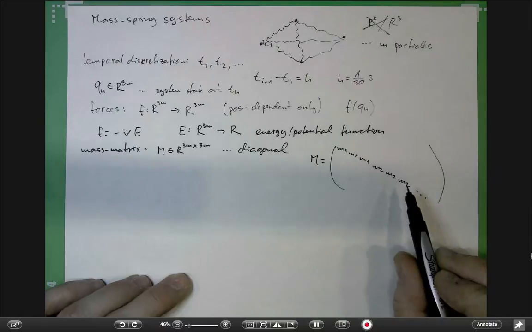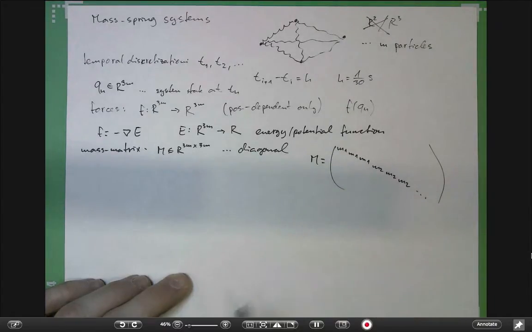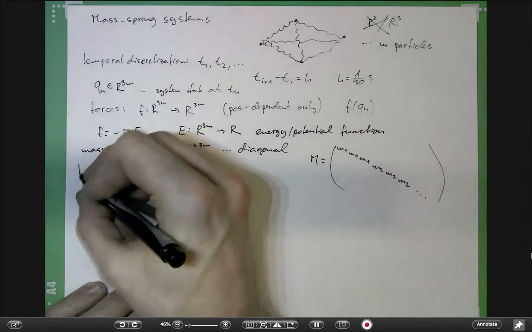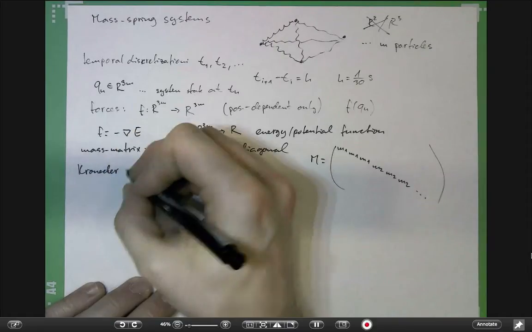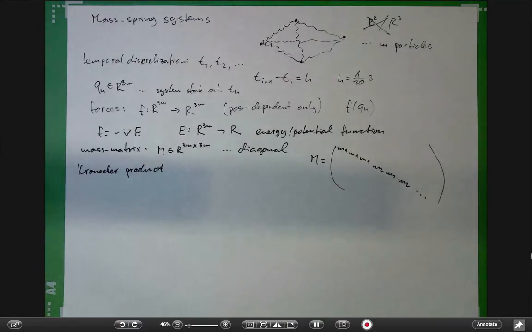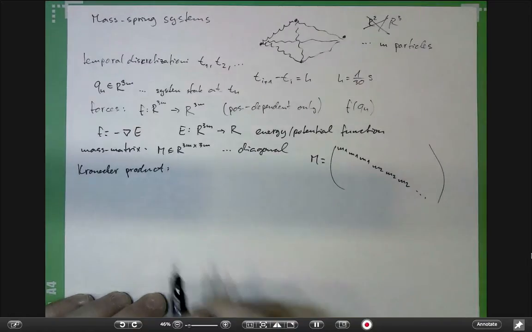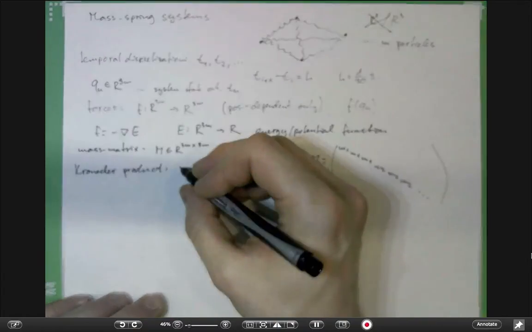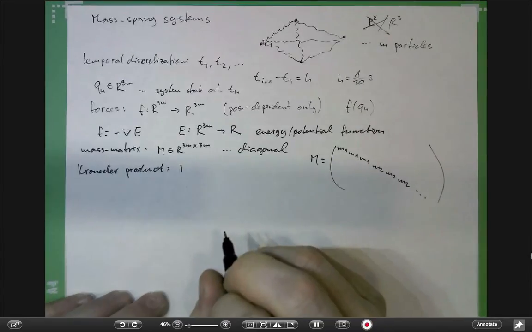There is a more elegant way of writing this, so I don't have to be copying it 3 times every time. You can write this using the Kronecker product, which will be useful to simplify some of the formulas later in this algorithm. Do you know what the Kronecker product is? Did I tell you that at the linear algebra classes? No, not here. So the Kronecker product is not a big deal. I can tell you what it is in general.